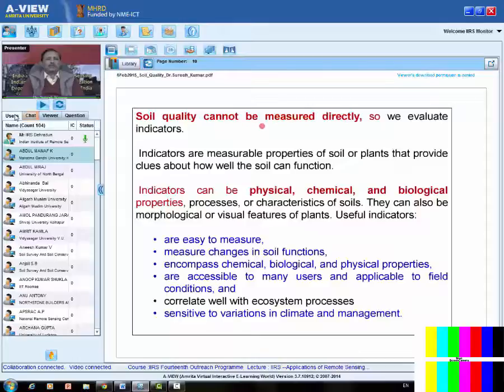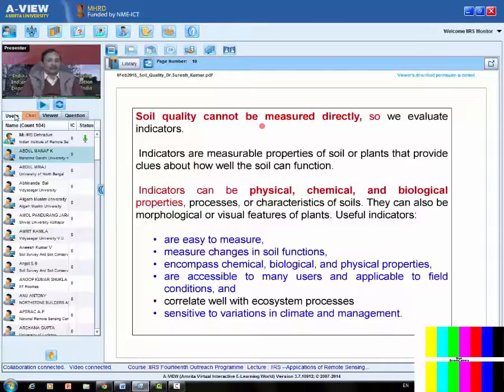Soil quality cannot be measured directly. When we cannot measure directly, it means we cannot study directly with the remote sensing data. It is not a property of only one factor. It is a property of many factors. So just because of the reflectance properties of the soils, you cannot decide what the soil quality is.